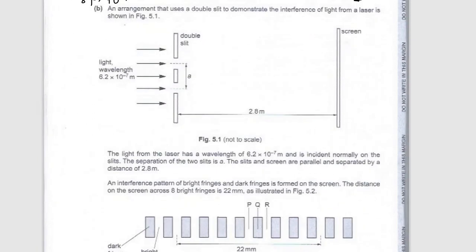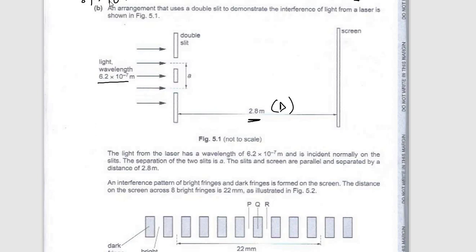The next question. An arrangement that uses a double slit to demonstrate the interference of light from a laser is shown. We have the wavelength given, slit A, and the screen. The distance between the slit and the screen, D, is given as 2.8. The question says an interference pattern of bright and dark fringes occurs on the screen.